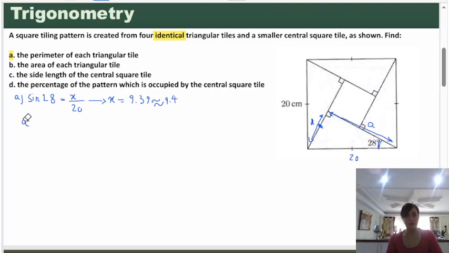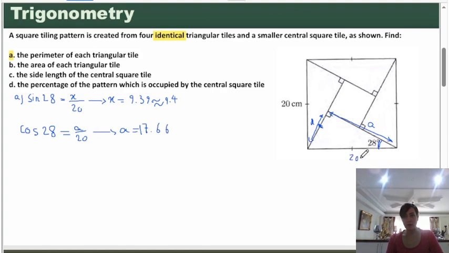Let me write a formula. a is the adjacent side of this angle, so cosine of 28 equals a over 20. Calculating with the calculator and cross multiplication, I get a equals 17.66.